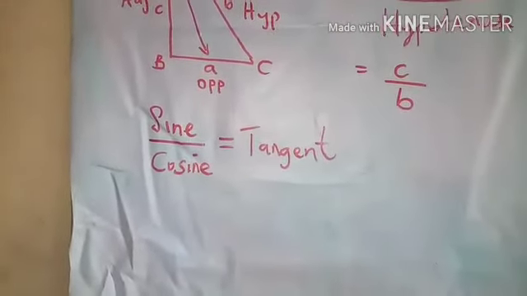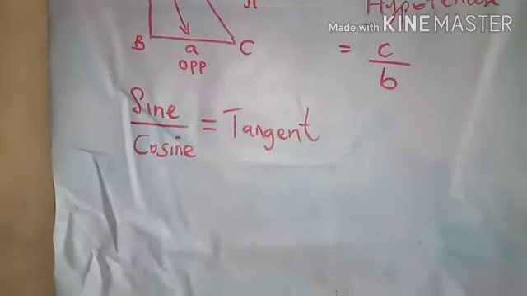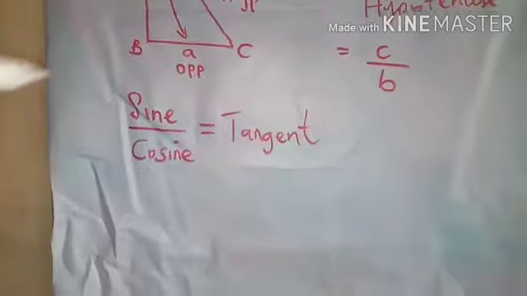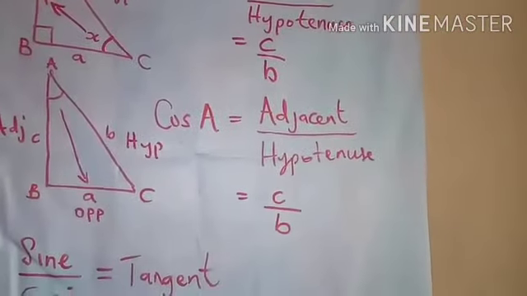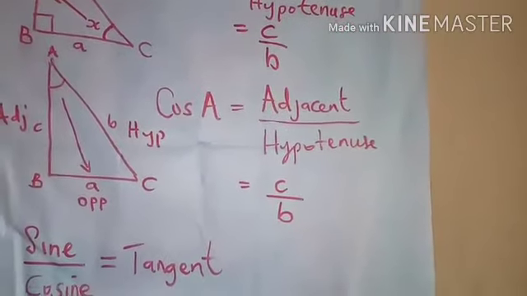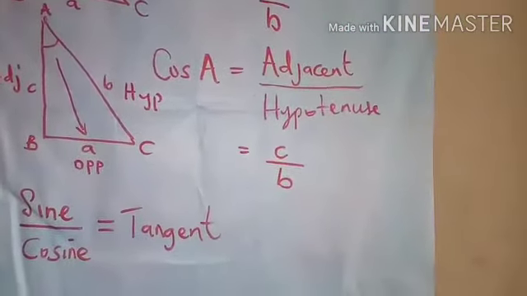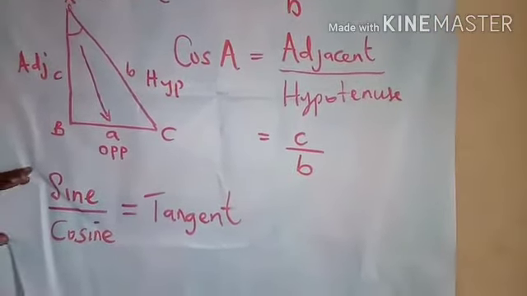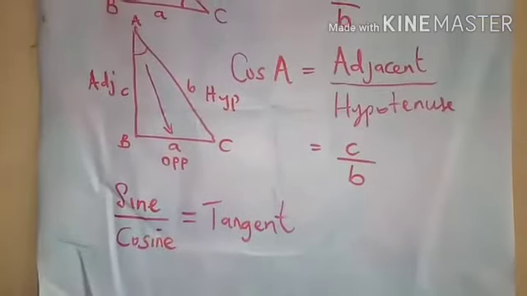We're going to prove this. That is, sine over cosine equals tangent. We have sine C to be C over B, cos A to be C over B. So now we have to prove that sine over cos equals tan. So how are we going to prove it?